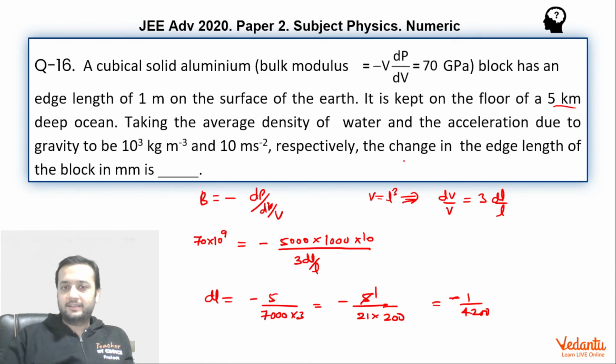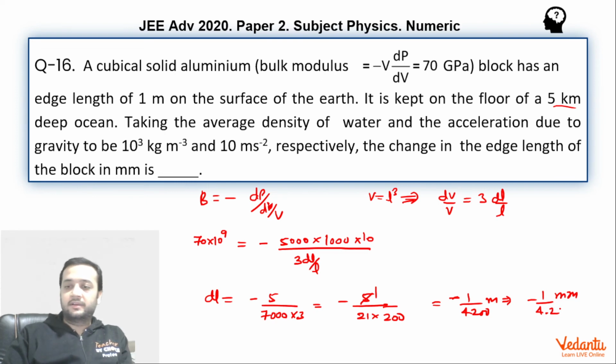So we have to find the answer in millimeters. So this is meters, so you multiply this by 1000. So this will become minus 1 upon 4.2 millimeter. Negative sign, again, as I told you, is simply the indicator that the length has decreased.